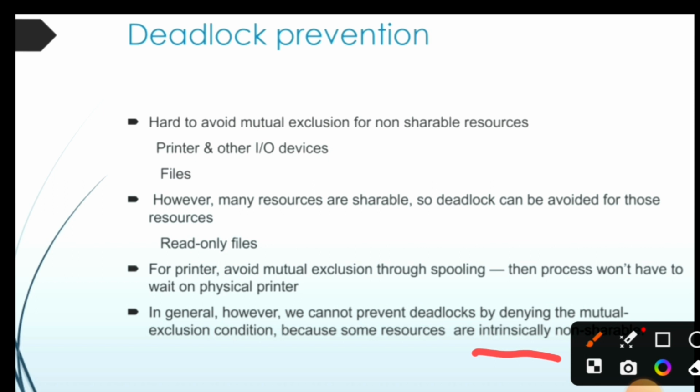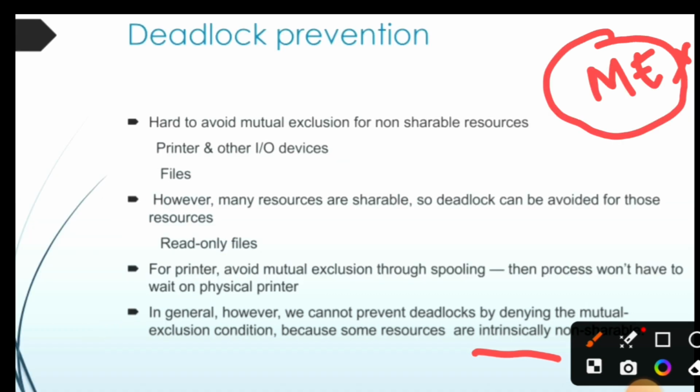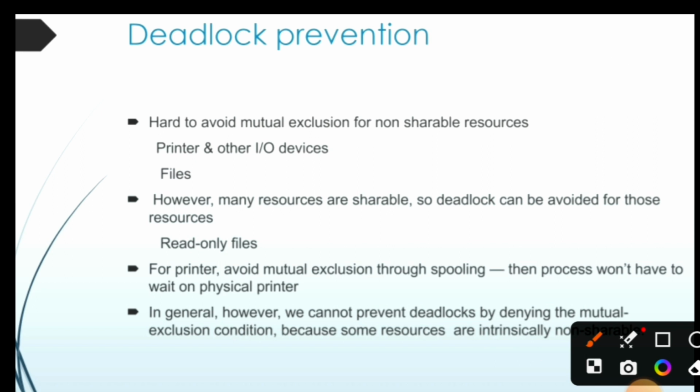But we cannot avoid mutual exclusion altogether because there are some resources that cannot be shared by different processes at the same time. Hence, mutual exclusion has to be there, and so we cannot prevent deadlock by avoiding the mutual exclusion condition. Deadlock prevention is not easy to do by avoiding mutual exclusion.